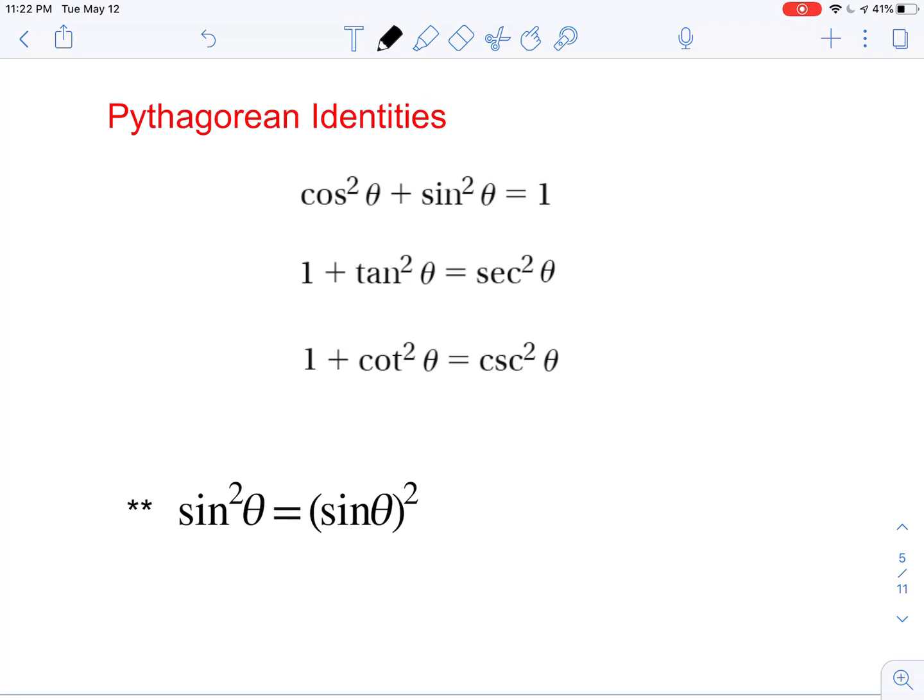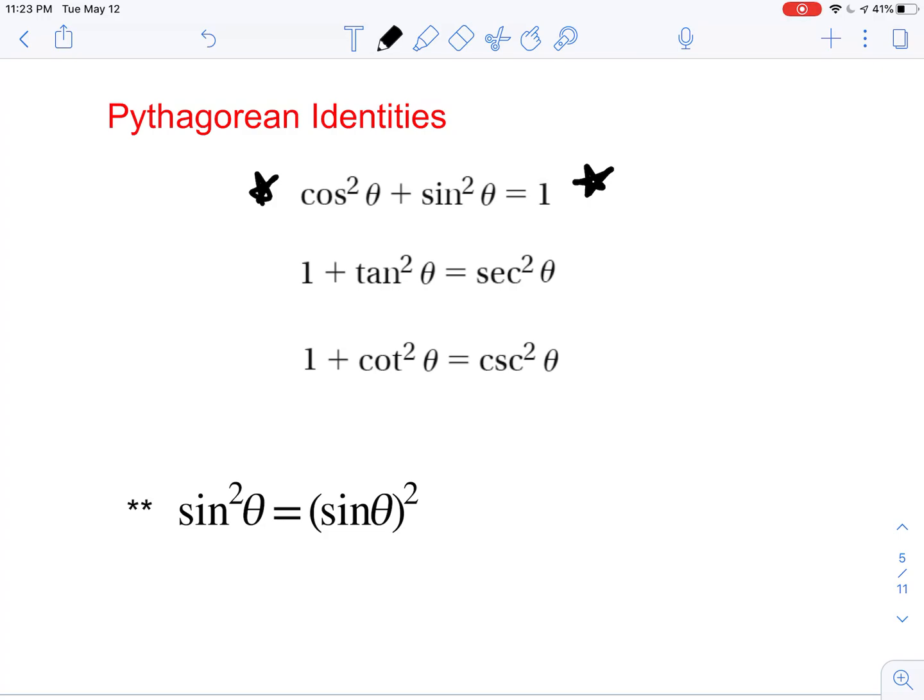Okay, so there are a few more identities that we have to look at. Okay, we have what are called the Pythagorean identities, which are derived from the Pythagorean theorem with triangles on our coordinate plane. We won't get too deep into that, okay, but just know that something that you should be very familiar with is this first sentence right here. Cosine squared plus sine squared equals 1.